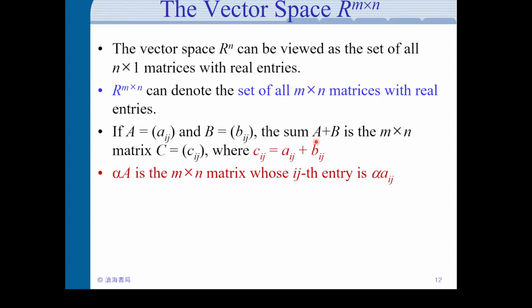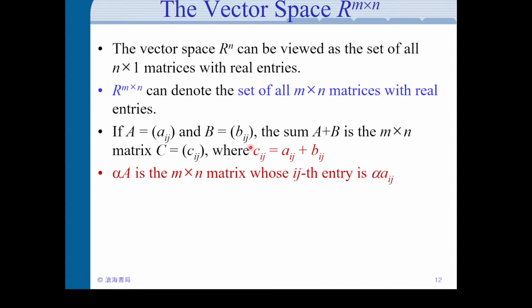So addition of 2 things inside R^(n by n) is defined by just doing matrix addition. So the sum of A plus B is C equal to A plus B, and if you write down the elements, you have cij equal to aij plus bij, and also you have scalar multiplication. You just multiply every entry by alpha.